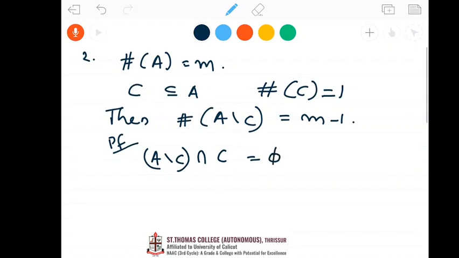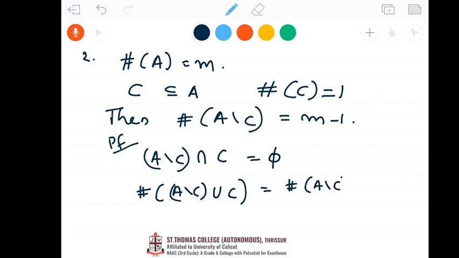So A minus C and C are disjoint. Clear? Then by the previous result we can say that number of elements in A minus C union C is equal to number of elements in the first set plus number of elements in the second set.